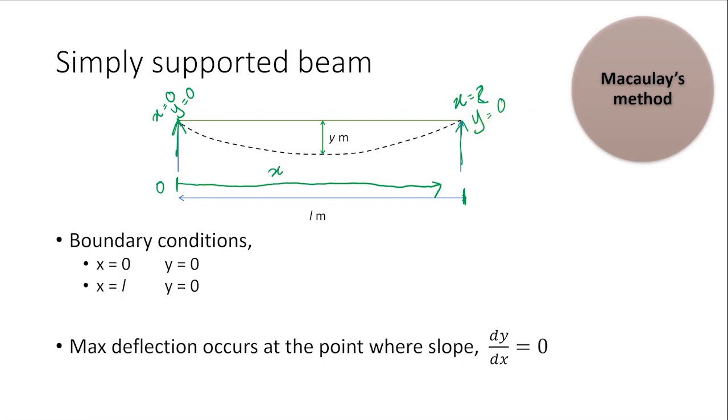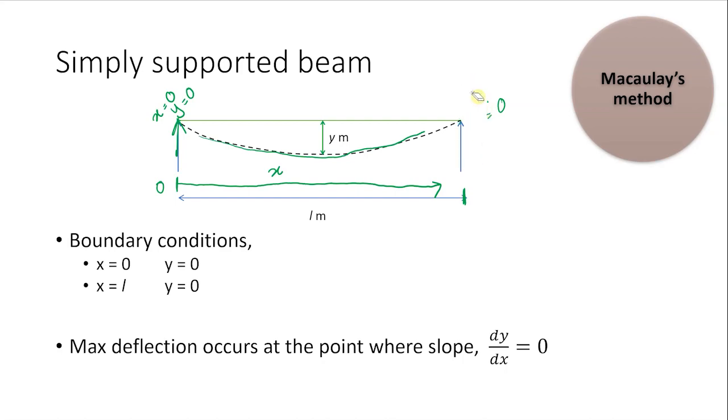So what we can see from these boundary conditions is that whenever there is a support, there is no deflection. Obviously, because at the support, how can it deflect? Deflection is below, from here to here. At the support, there is no deflection, 0.